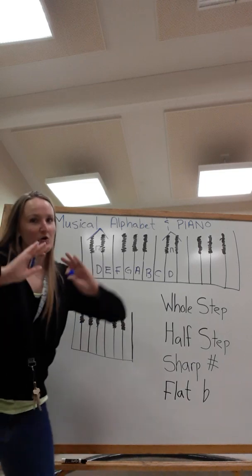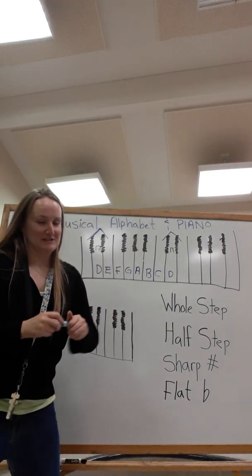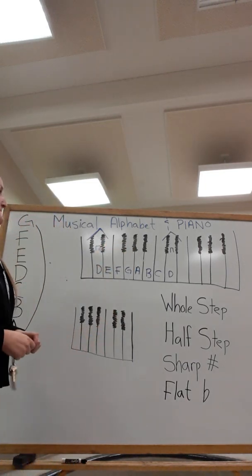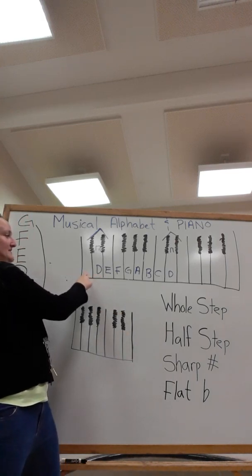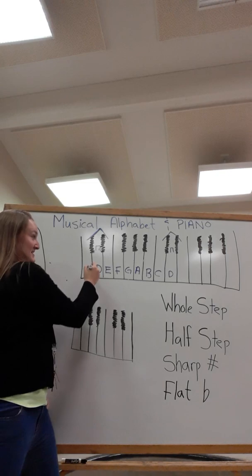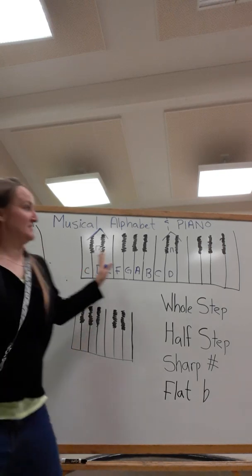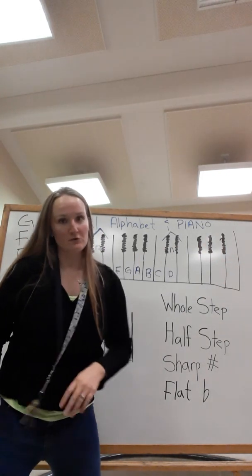It will always be the same. That's one thing I love about music, it's very consistent. So if this one is D right here, what letter would this be? C. And it just continues over and over and over again forever.